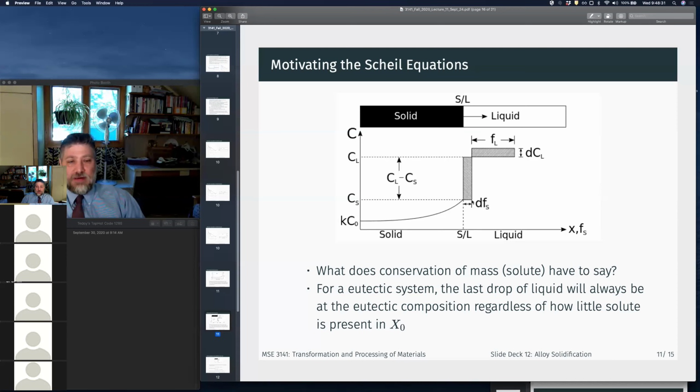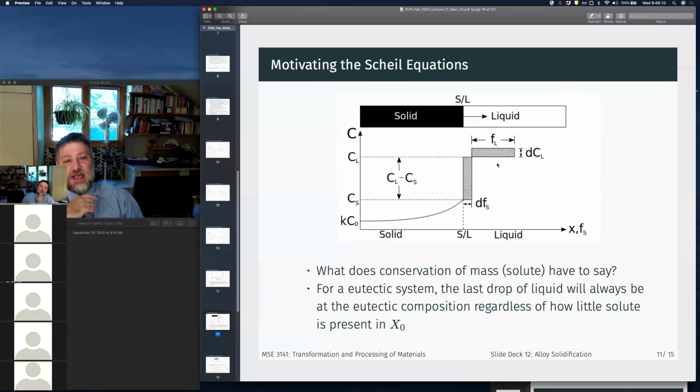This whole big rectangle, this length here, is the fraction of our solid that's frozen. And from the interface to the end of the bar is the fraction of our liquid. So we're adding a tiny little bit of solid and removing a tiny little bit of liquid, and for mass balance to hold, the composition of our liquid has to increase just a tiny little bit.